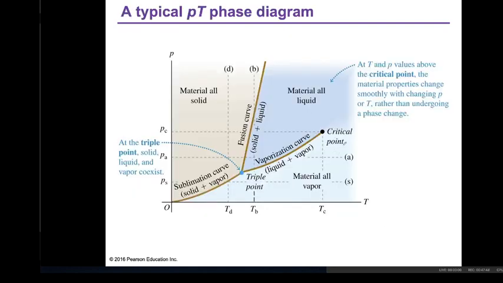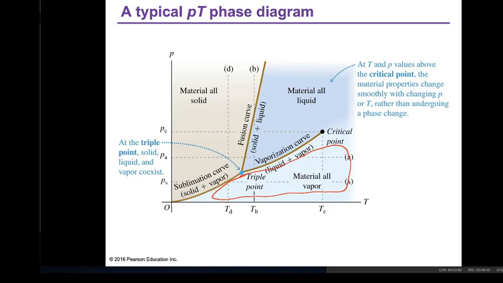Okay, so here is the phase diagram. Here you have some curves, and these curves divide the entire PT space into three regions. Number one, the light blue region, is the vapor or gas region.